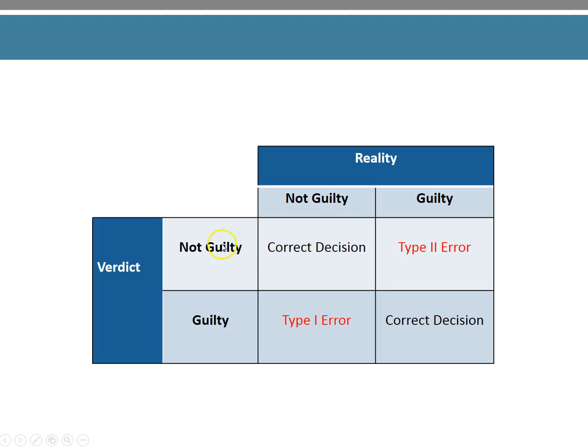So if a person is found not guilty and is actually not guilty, that's a correct decision. If a person is guilty and found guilty, that's a correct decision. However, we would commit a type 1 error if we find the person guilty and in reality they're not guilty. And we would commit a type 2 error if we find the person not guilty and they actually are guilty. So think about that again. What type of error does our criminal justice system favor?